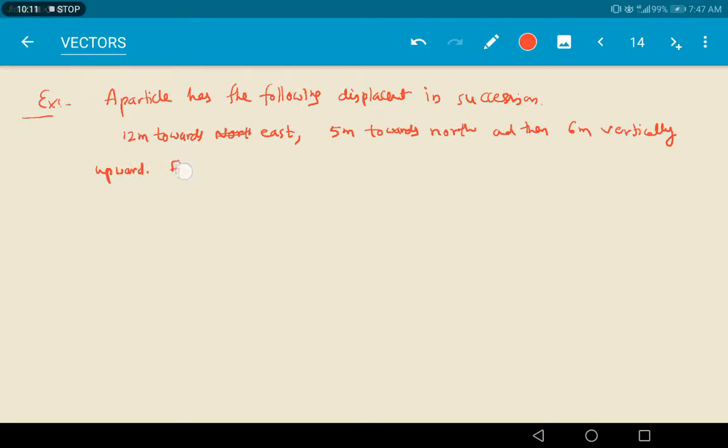Then they are asking to find the magnitude of the resultant displacement.